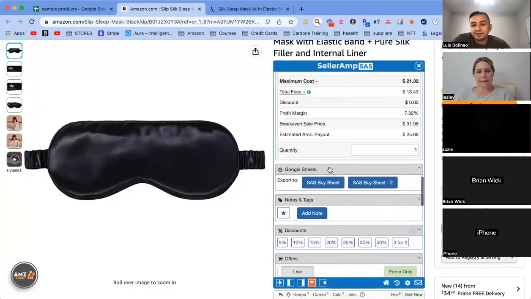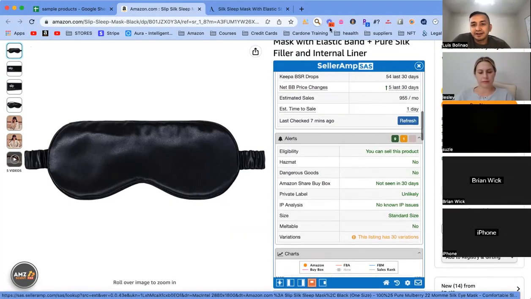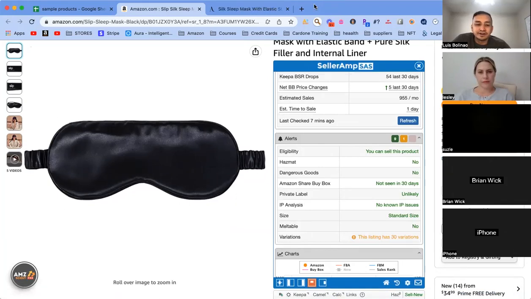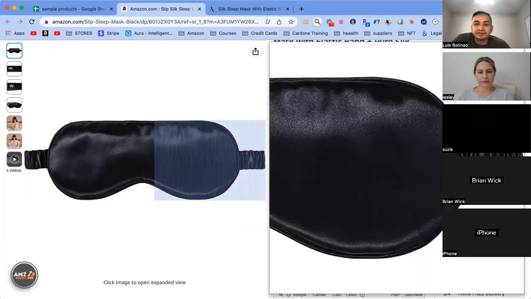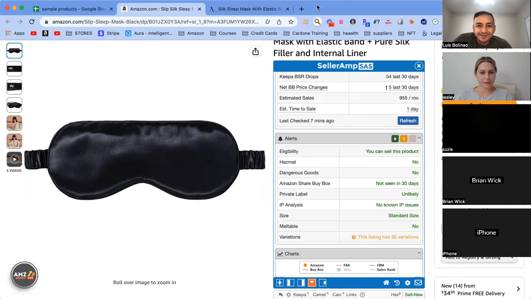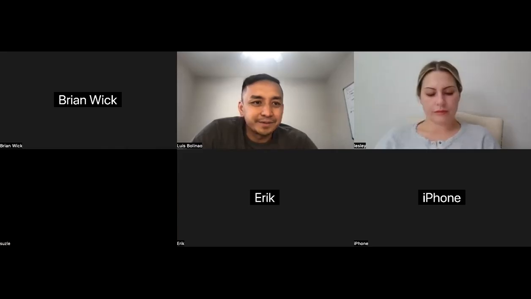Got it. Yeah, I used to use RevSeller, this one right here, and another software. Right, every plugin they've ever made, I'm sure. But Seller M is the best in my opinion, or at least I love it.